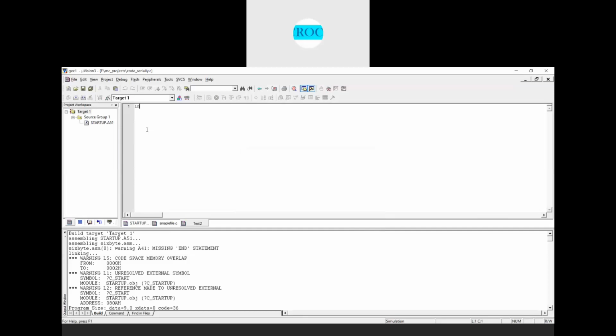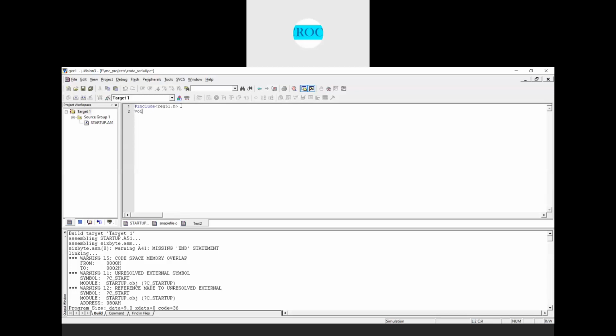The first thing, as I said, is to include reg51.h. All the definitions for this one are included in the reg51.h header file. Next, what are the steps you need to follow here?